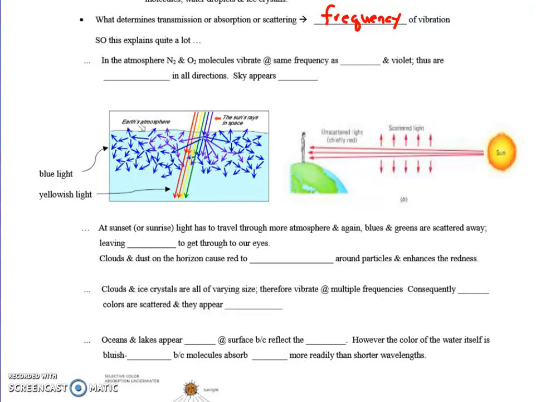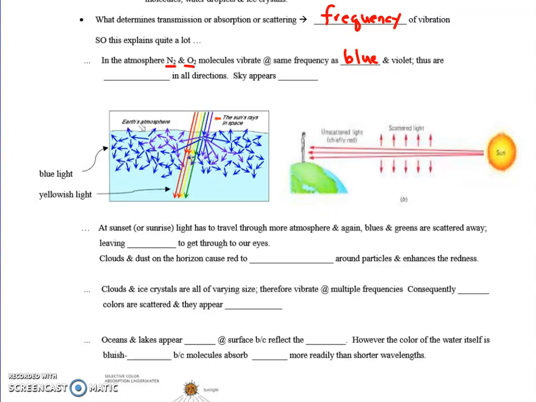So in the atmosphere, we are primarily nitrogen and oxygen molecules, and they vibrate with the same frequency as blue and violet light. They do not overlap red or orange or yellow very much. So what happens is if they vibrate the same frequency, those molecules will absorb the blue and violet. They don't hold on to them.